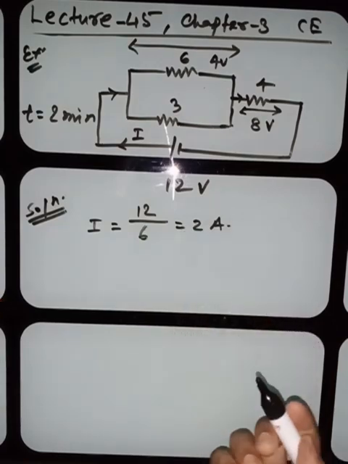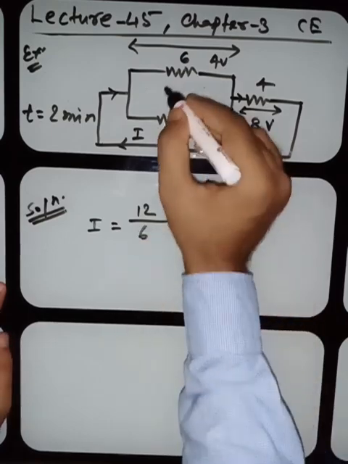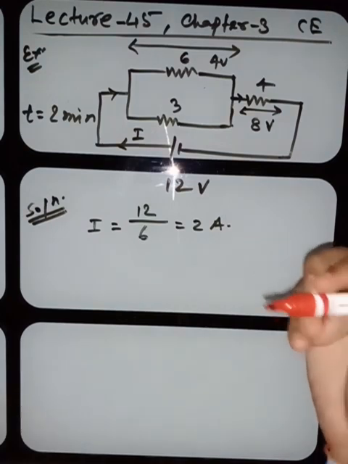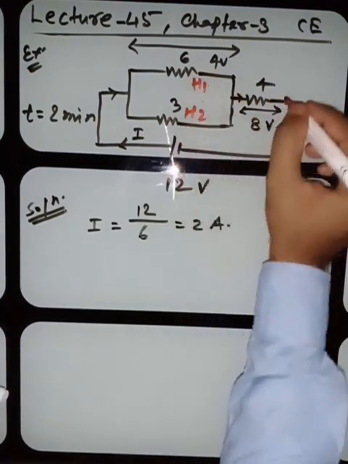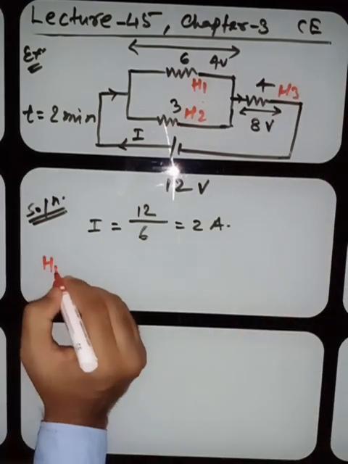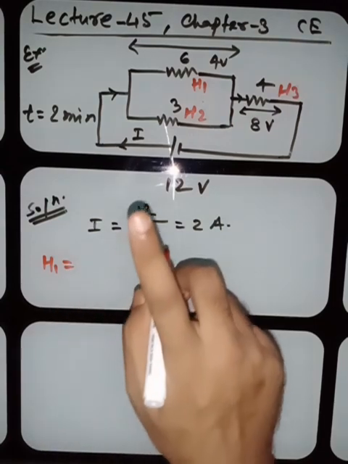Now you have to find the energy. Suppose we write this as H1, this as H2, and this as H3. So H1 will be, what is the formula?